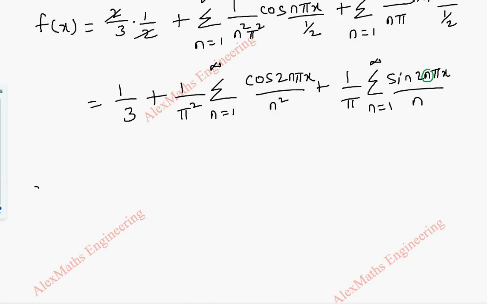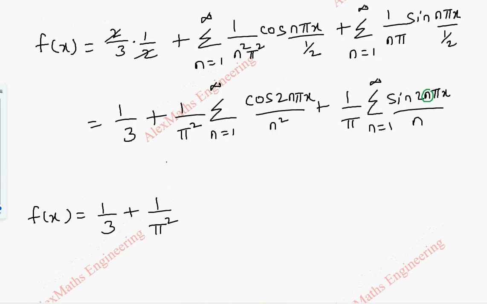So now f of x equal to, this is 1 by 3 plus 1 by pi square. It is better to leave the expansion as it is, using the summation.